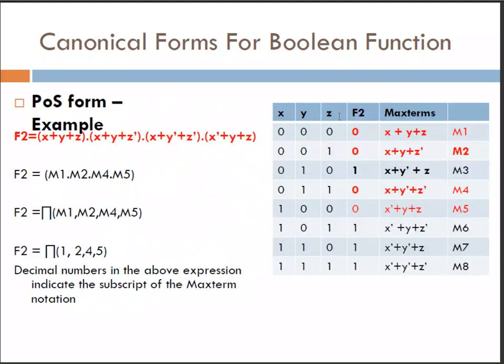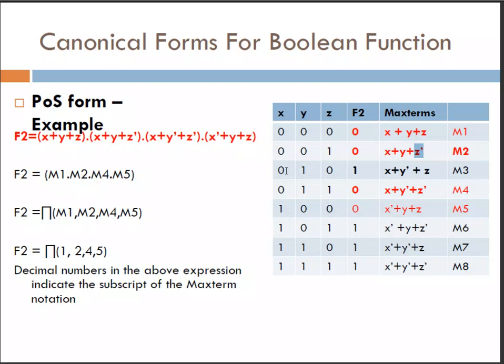We have x, y, z. 0, 0, 0 gives us 0 in this function. You see that here we have x plus y plus z. Here we have x plus y plus z bar. Where we have 1, we put a bar. You see, it is the reverse of the previous one.